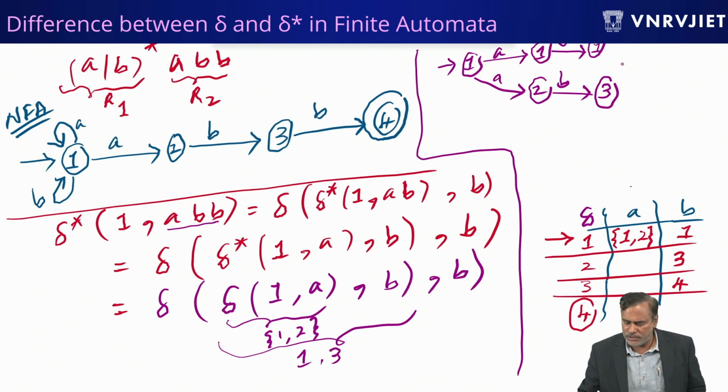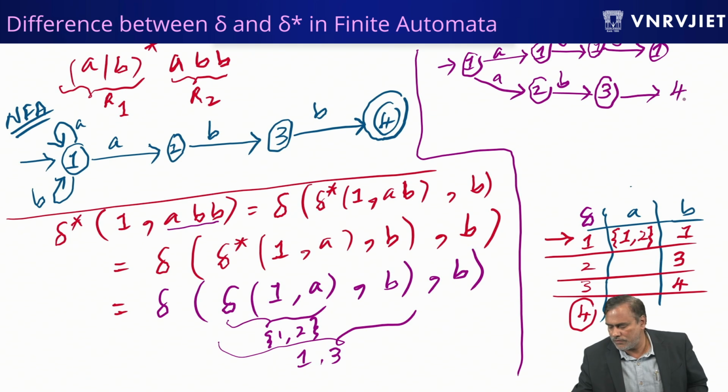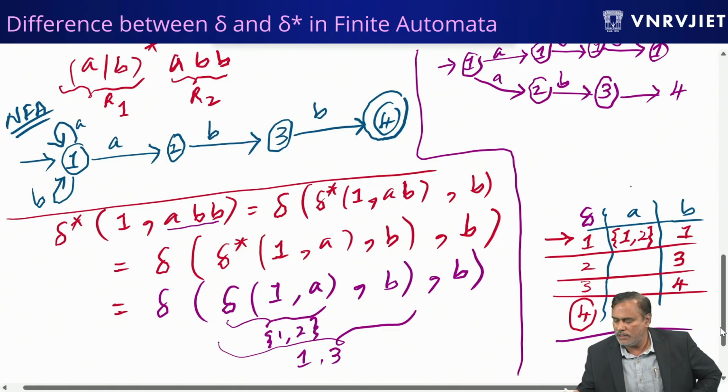Next you continue. Your next input symbol is b, so 1 on b and also 3 on b. From 1 on b, you can go to 1 itself. From 3 on b, you go to state 4. And this state 4 is a final state.